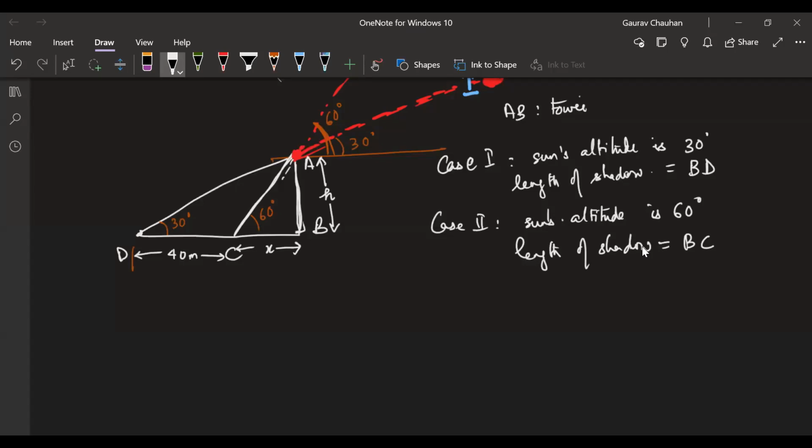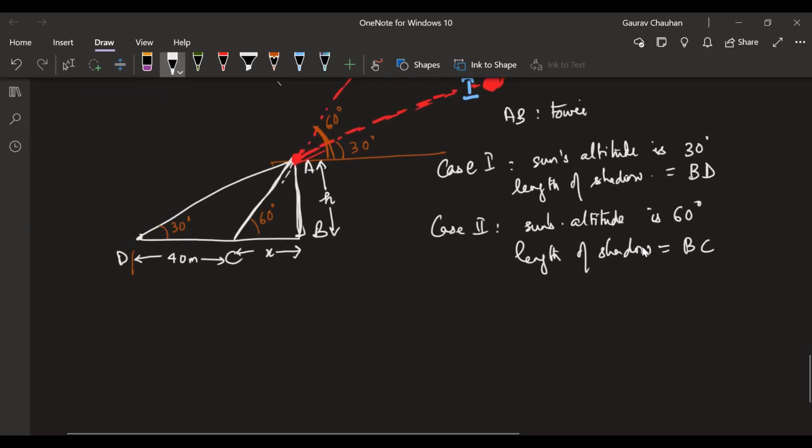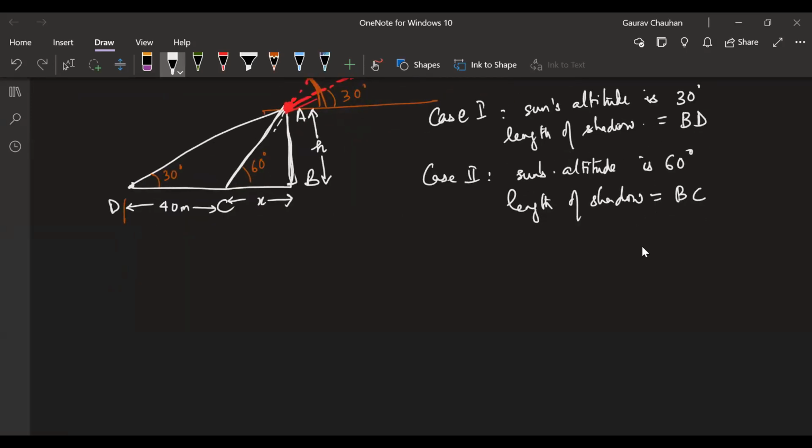Now, the length of the shadow in the first case is 40 plus X. The second case is only X. That's when it is 60 degrees, and at that time the length is only X. We'll see what to do about this.